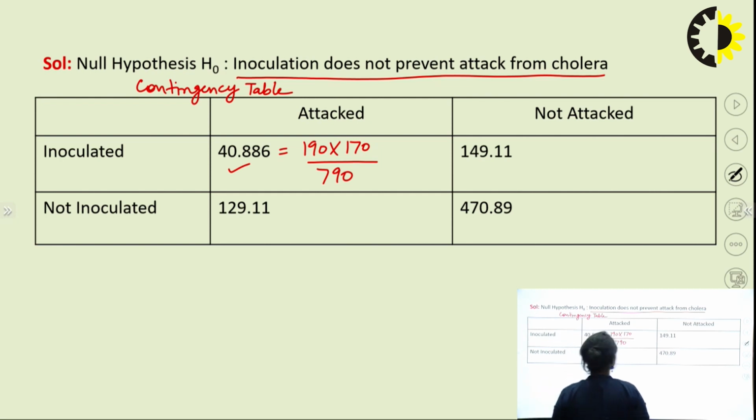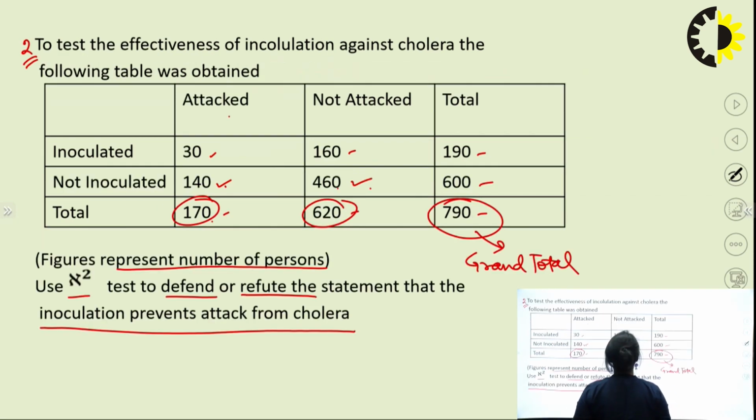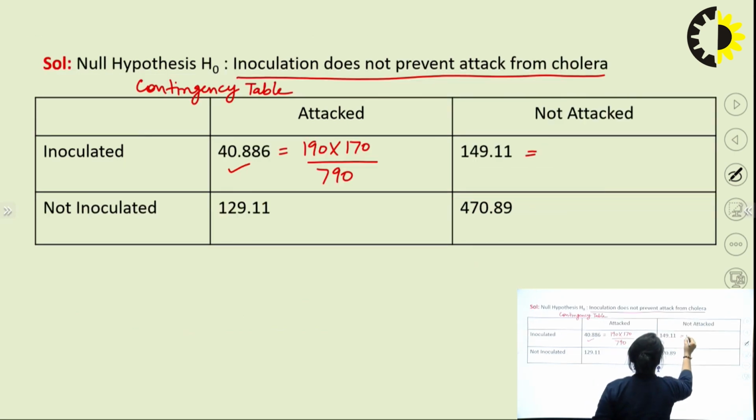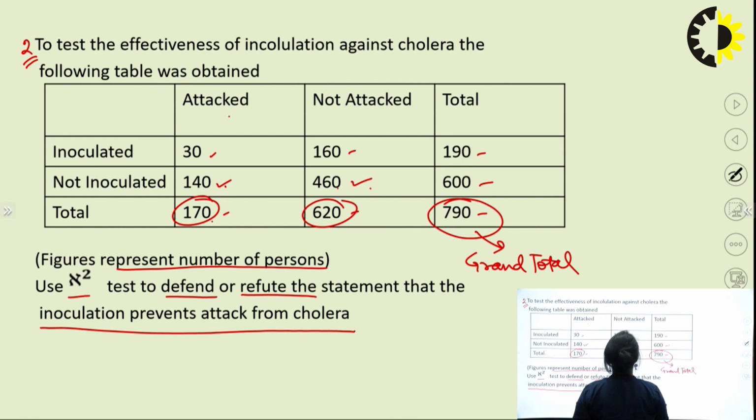For the next value, we will consider first row and second column. So we will consider 190 into 620 divided by 790. Let me just check once. Yes, it's correct.